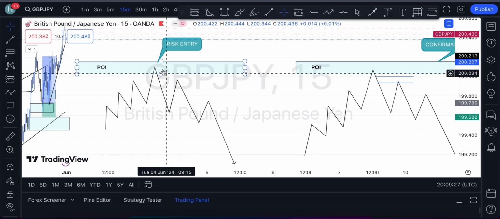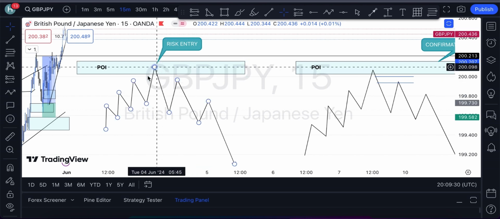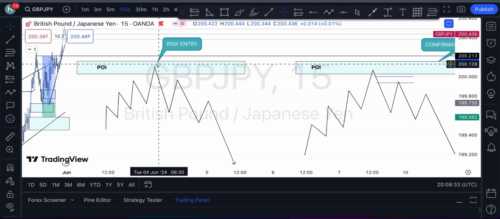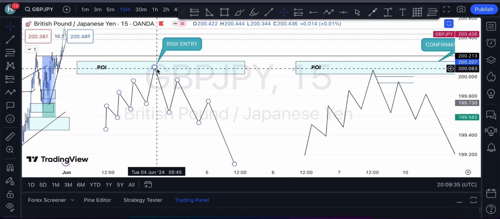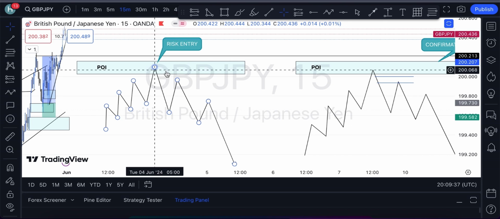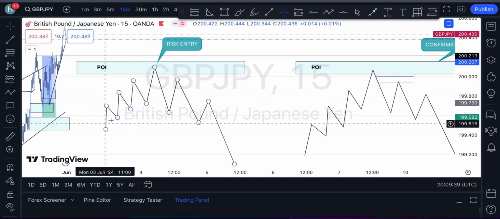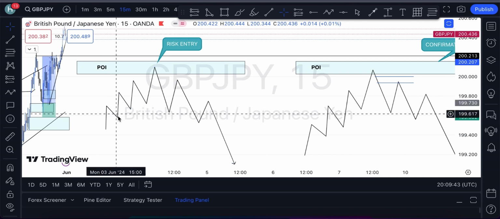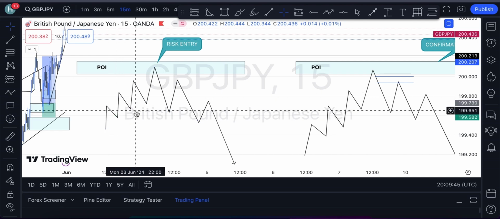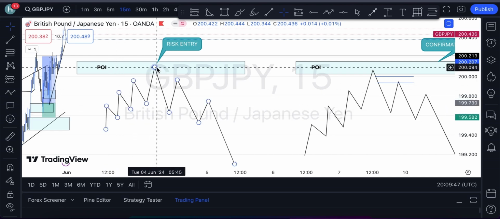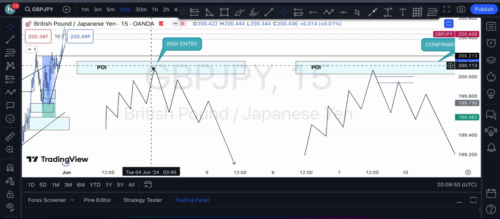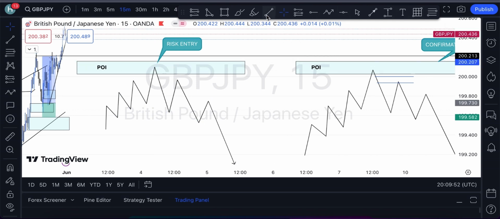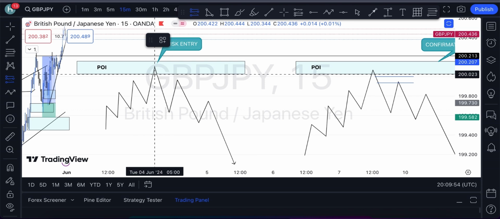They just want that once price gets to their POI, their trade should trigger immediately without having any confirmation. So in this case, price was creating a series of higher high, higher low, higher high, higher low, higher high, higher low, and then price got to the POI, and then it begins to sell immediately.